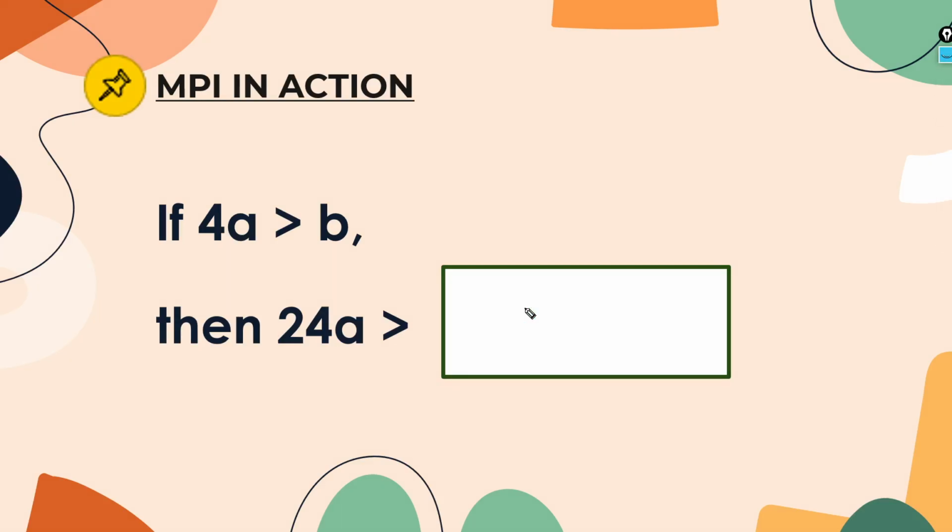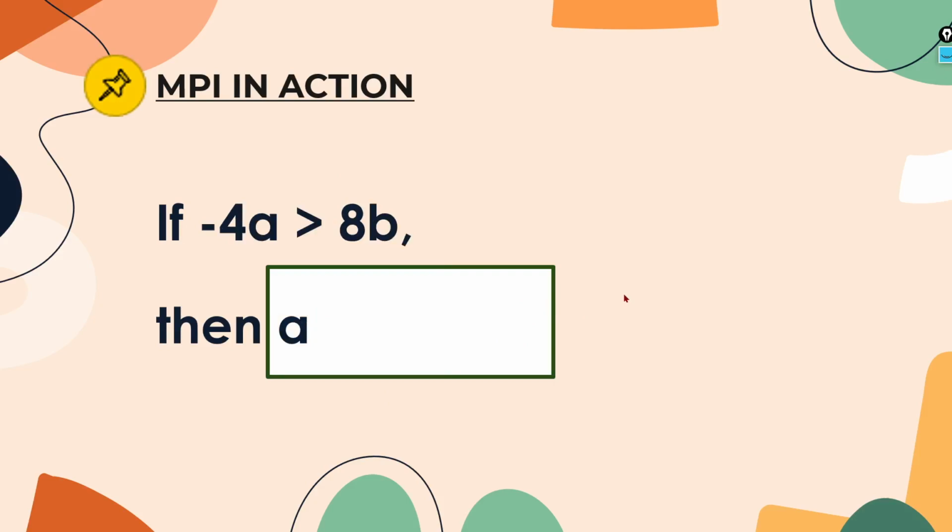How about this? If negative 4A is greater than 8B, then A is blank. Okay? Pause muna. Hit play when you're done. Right. Kung pinlay mo na tignan, from negative 4A, naging A. Uy, in-isolate yung A. Pero ang negative 4 ay coefficient.